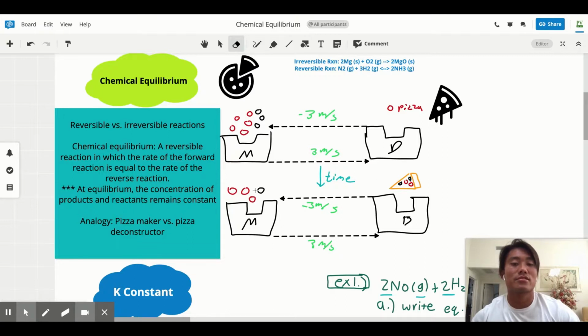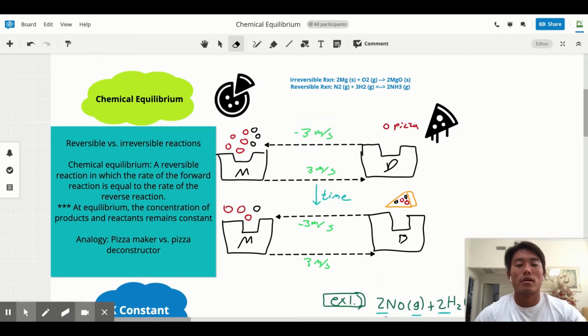And the constant concentrations are 3 pepperonis, 1 sausage, and 1 pizza. So one more concept that I need you guys to understand regarding the chemical equilibrium of a reaction is that it takes time for the initial ingredients to reach this equilibrium state.